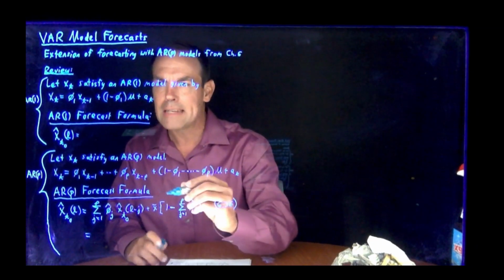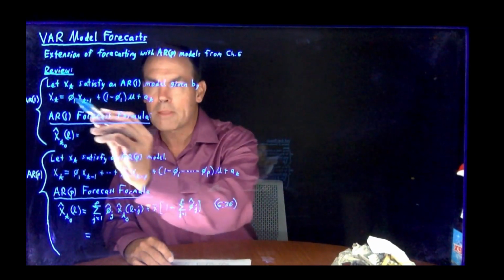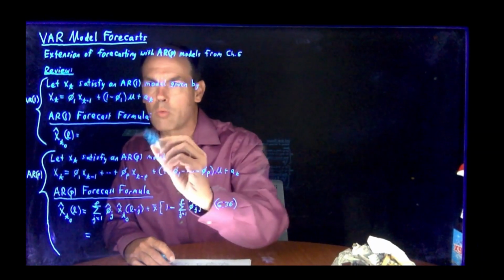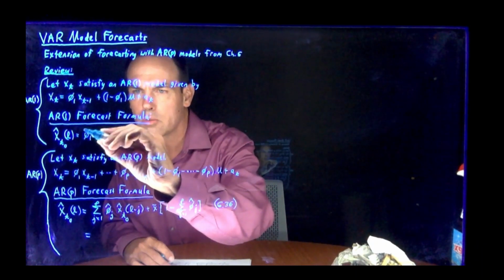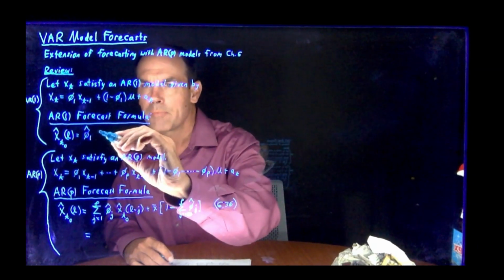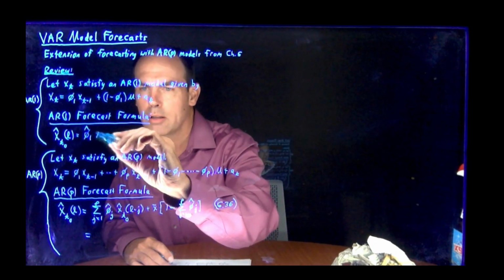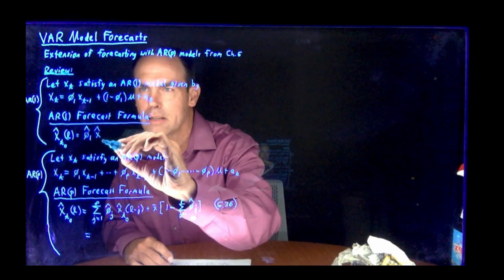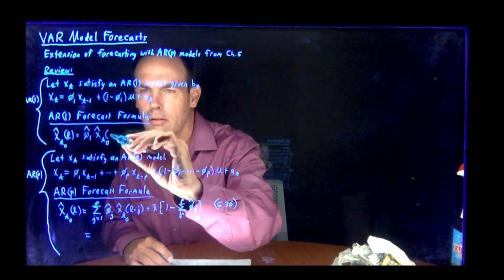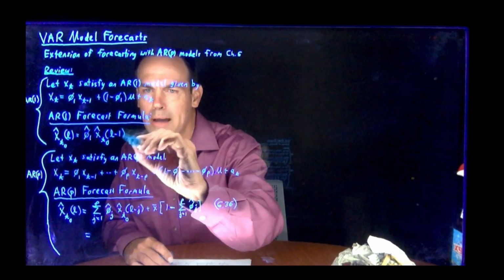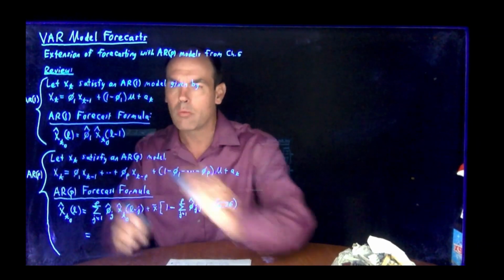So x hat t naught of L would be, look up at the formula for the AR(1), and we remember that phi1 gets replaced by phi1 hat. X t minus 1 gets replaced by x hat of t naught of L minus 1. So it's looking back one time point.